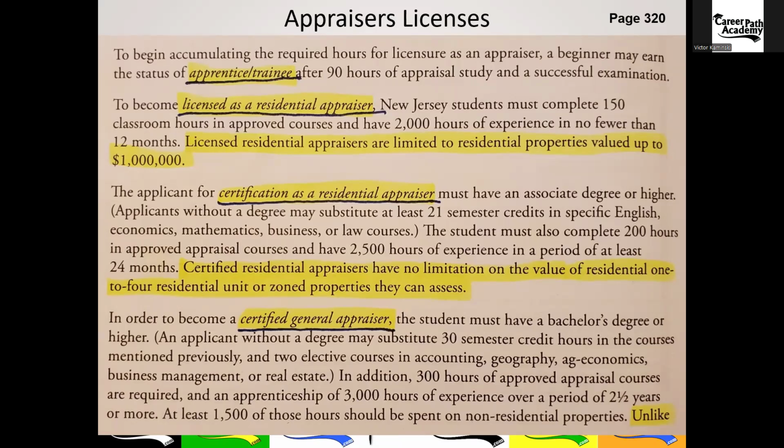And they're going to need that experience because to become a certified general appraiser, you have to have a bachelor's degree or higher, or could substitute 30 credits in previously mentioned courses, as well as 2 electives in accounting, geography, agricultural economics, business management, or real estate, in addition to 300 more hours of classroom time, and have at least 3,000 hours of experience in 2.5 years or more, with at least half of that, 1,500 hours, in appraising non-residential properties.